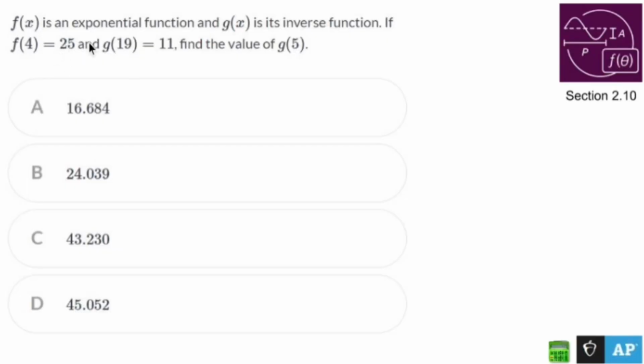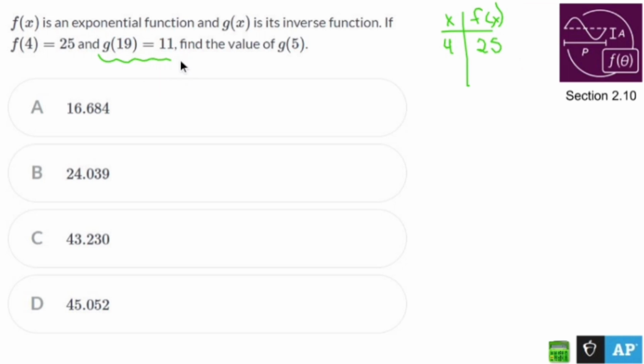f(x) is an exponential function and g(x) is its inverse. If f(4) equals 25 and g(19) is 11, what is the value of g(5)? All right, well, g is the inverse, right? So f of 4, here's x, here's f(x). f of 4 is 25.